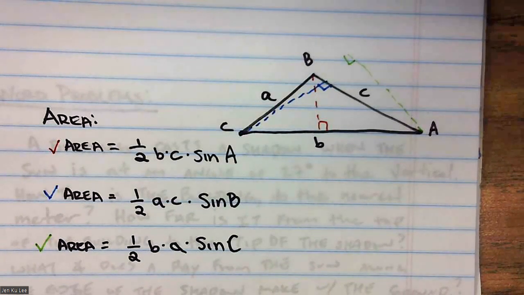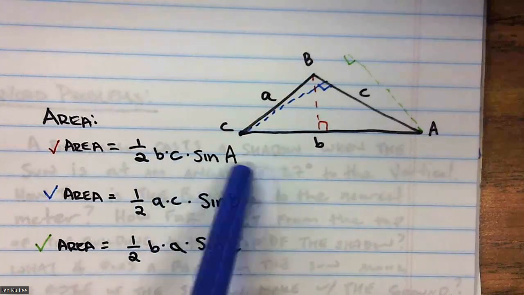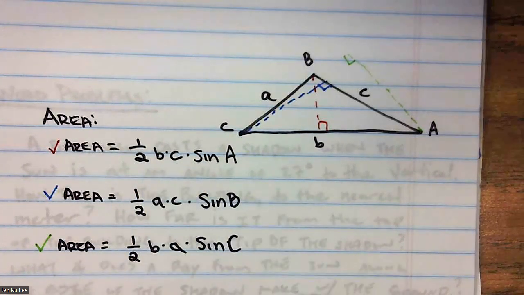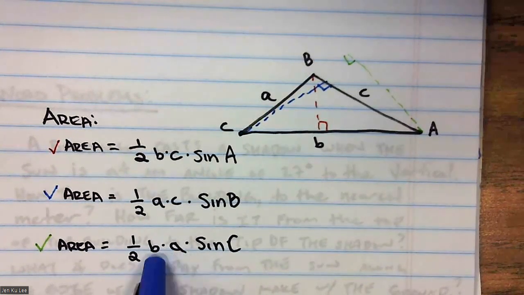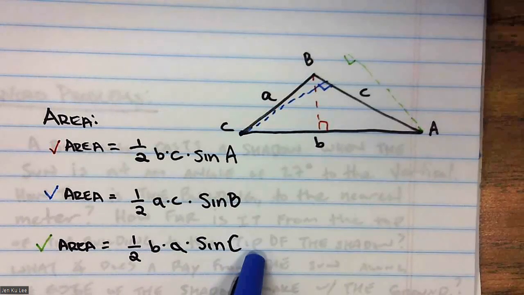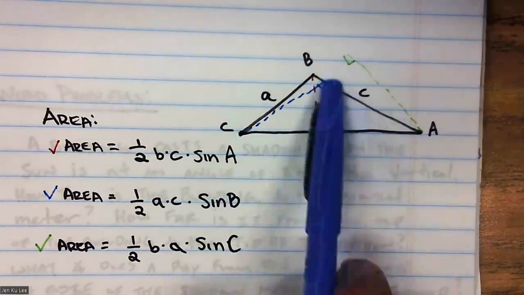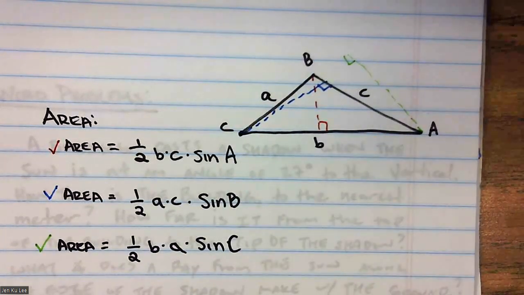Okay? Notice that whatever the angle is, it's the other two sides that we have to multiply. So if I have angle C, I know I have to multiply a and b together. So all the letters will be represented if you just label your triangle like this. Okay?